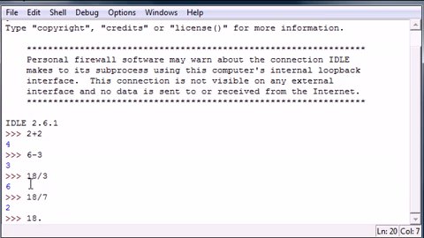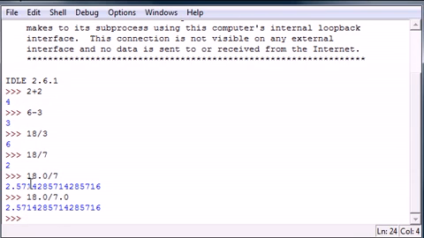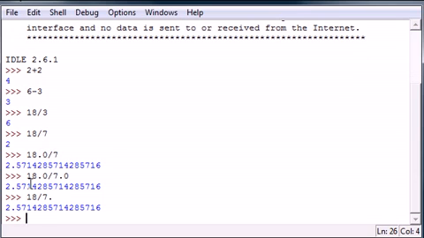So 18.0 divided by 7, that will give you your answer. You can also do 18.0 divided by 7.0, and that will give you your answer. Or even 18 divided by 7 and just put a point, and that tells Python that you want a decimal point as your answer, and that will give you your float answer too.